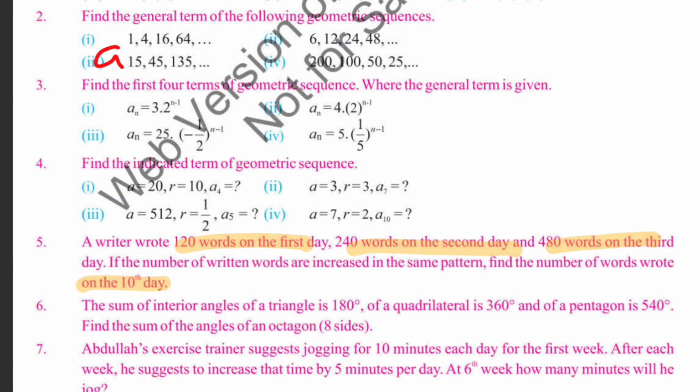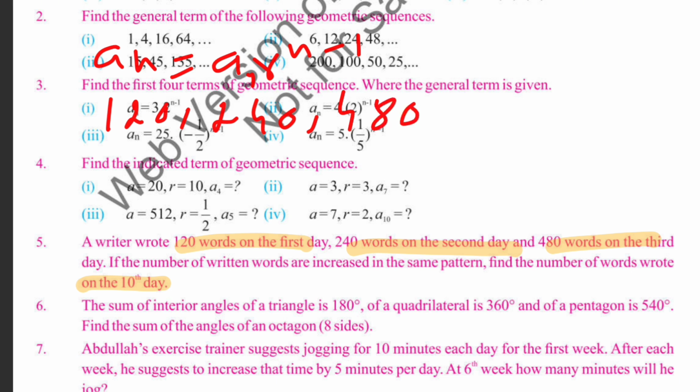A, and we write the formula an is equal to a r raised to n minus 1. Now this one is a1, and a1 is 120, the first number is 120, the sequence is 240, third is 480.